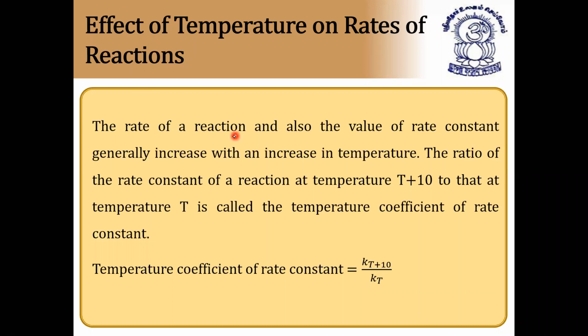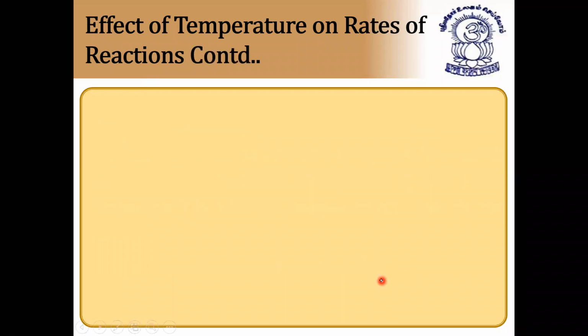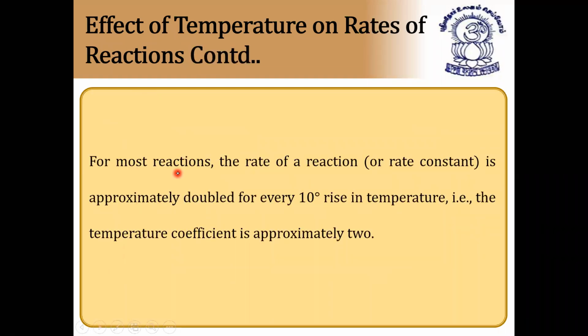So the rate of reaction and also the value of rate constant generally increase with an increase in temperature, and it was found that K(T+10) by K(T) is equal to 2. So for most reactions, the rate of reaction is approximately doubled. This is very important, as I told you.